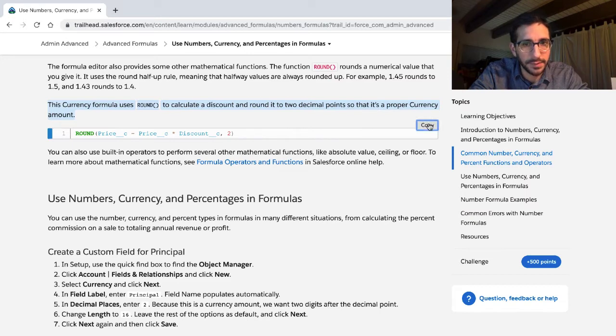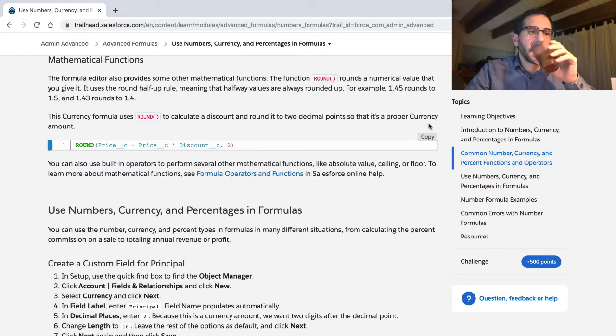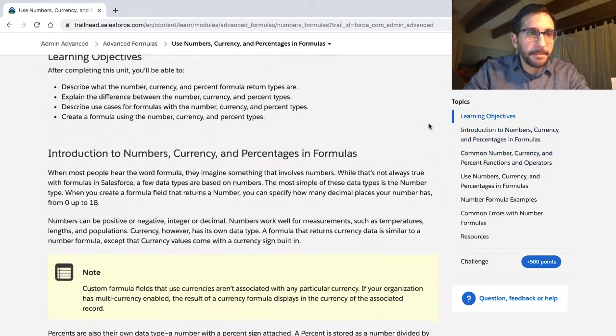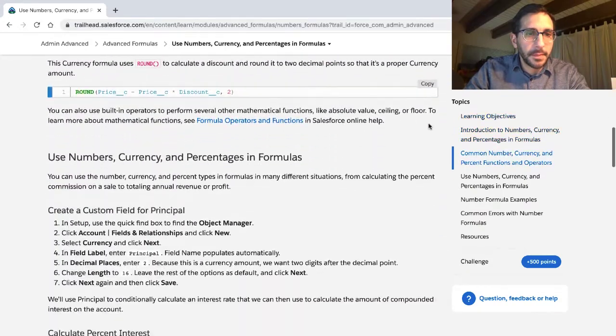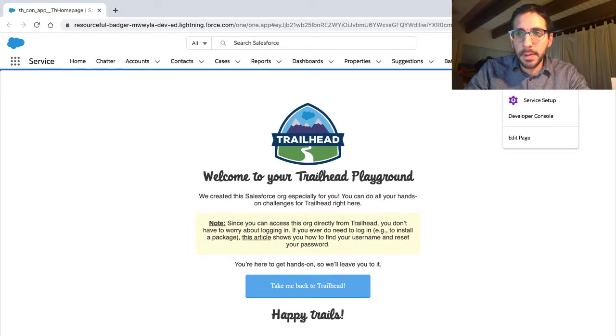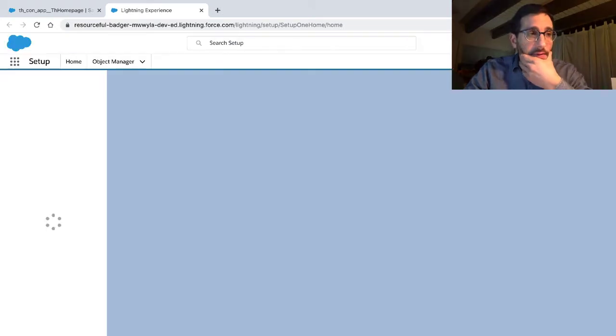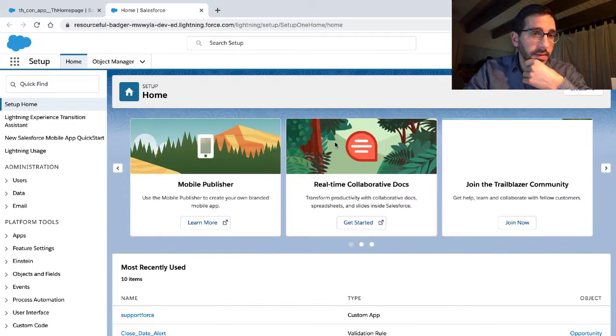Where would I put such a formula? I think I would put such a formula as a field on an object.